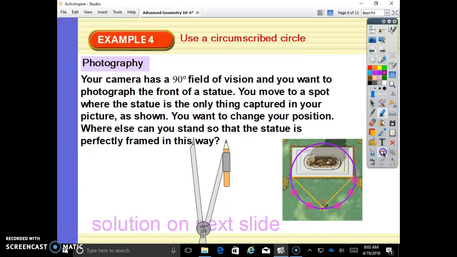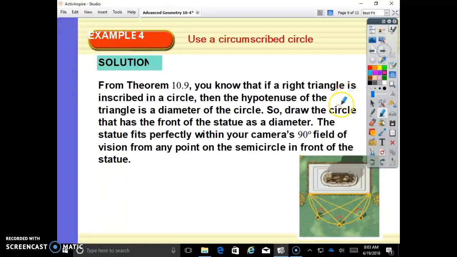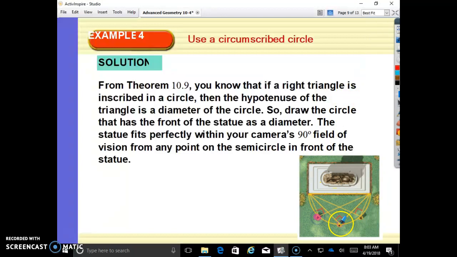Does that make sense? So anywhere, and it'll make more sense when I show you the picture that they drew. So like here would make a right triangle, here would make a right triangle, here would make a right triangle. So anywhere on this curve, on this semicircle, that's going to perfectly frame this picture.